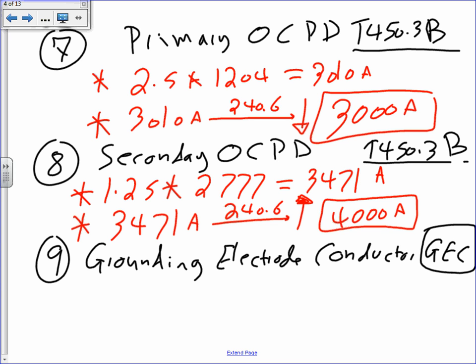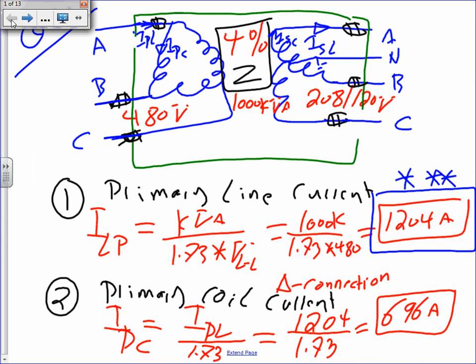So we size the fuses, we size the cables, no problem. Now we need to size the grounding electrode conductor. Any suggestion? The grounding electrode conductor is going to be coming from here, going all the way to the ground.